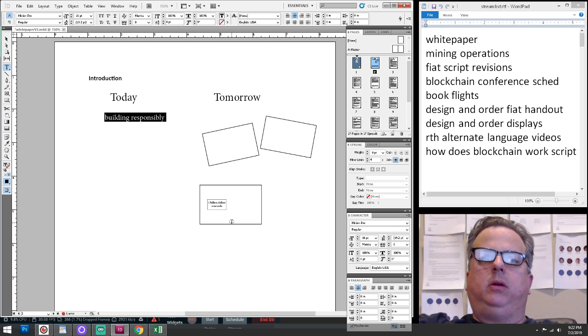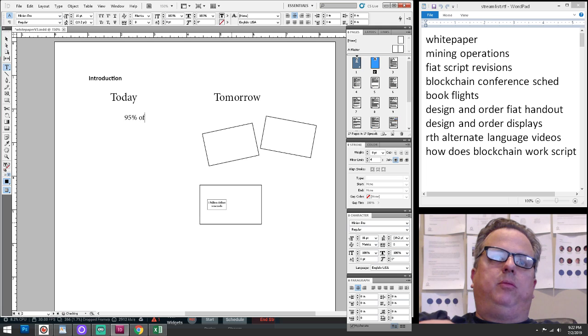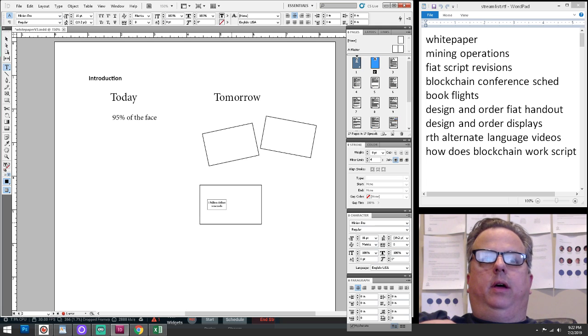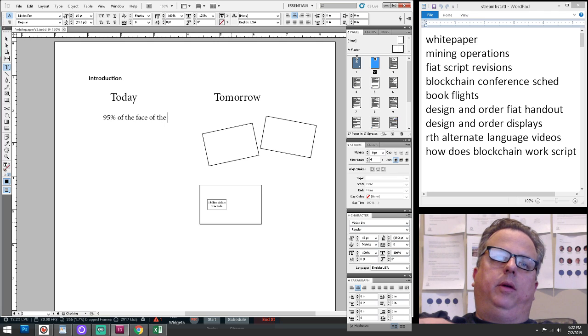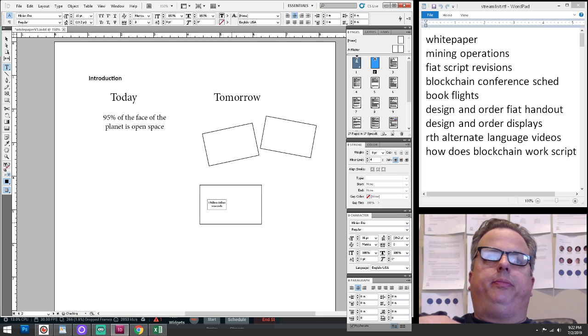Maybe we say that up here instead. So we say 95% of the face of the planet is open space.